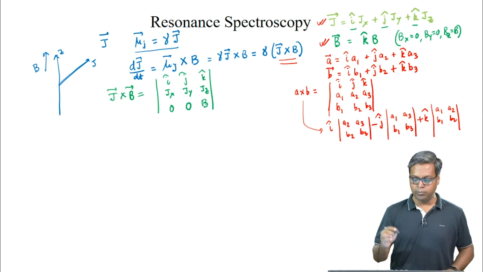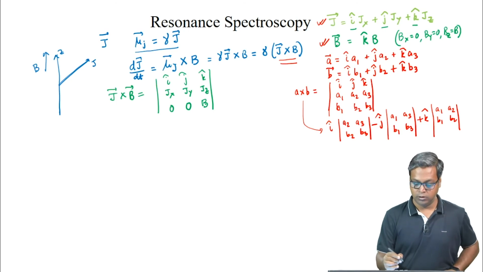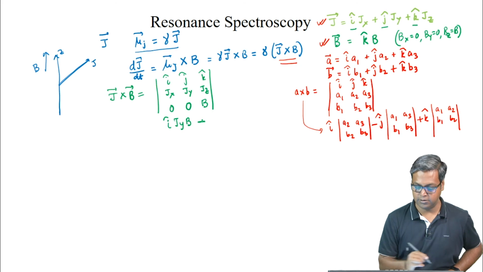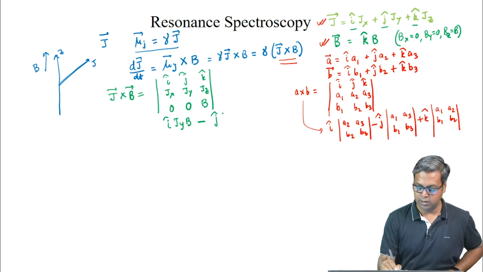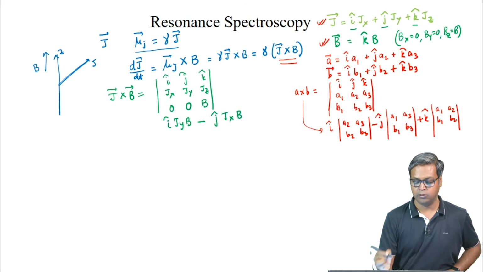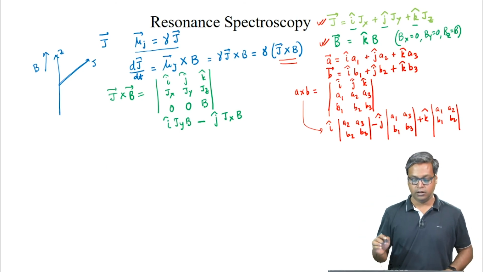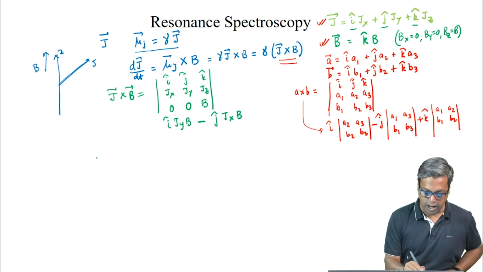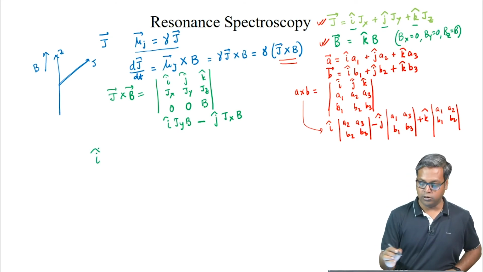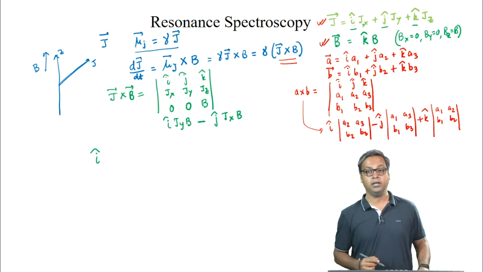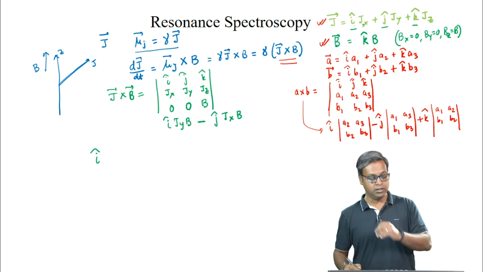So, this will be equal to i times J_y B minus j times J_x B.